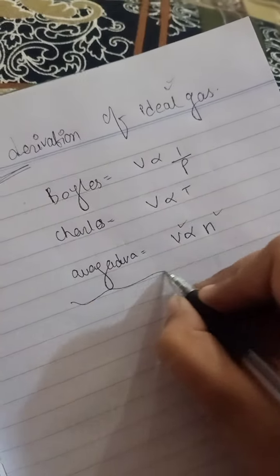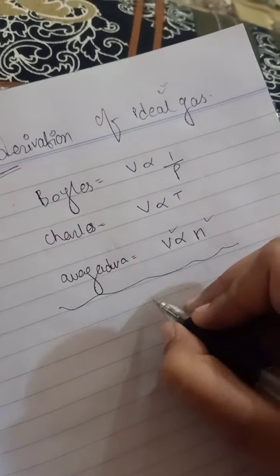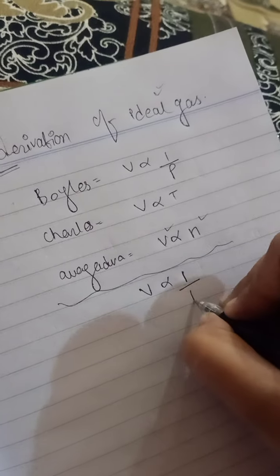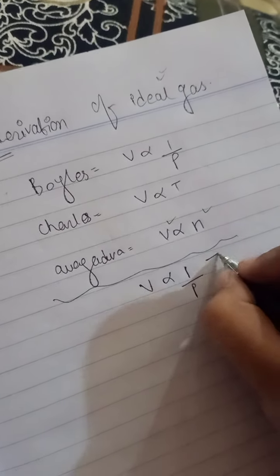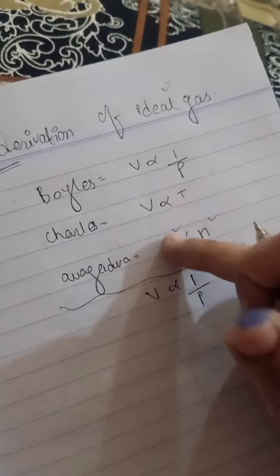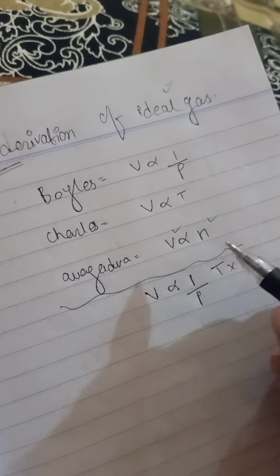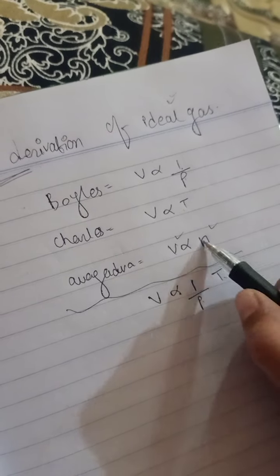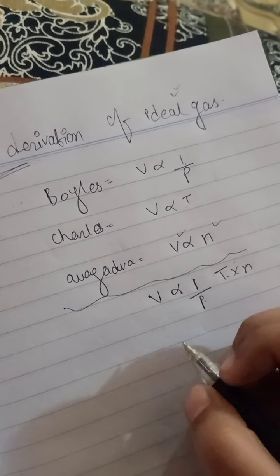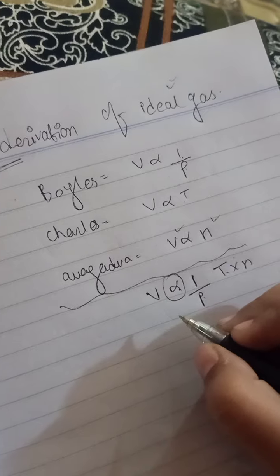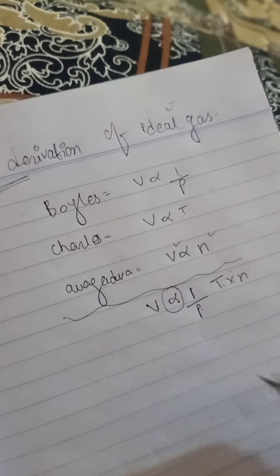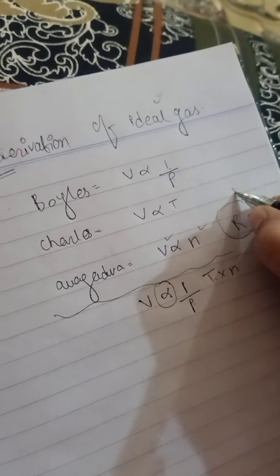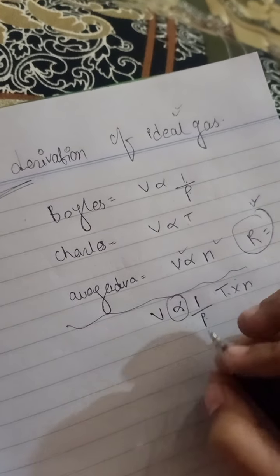After combining all of these, we get V is directly proportional to T multiplied by n, and inversely proportional to the pressure: V is proportional to 1 upon P, T multiplied by n. After removing the proportionality, we have a constant, the ideal gas constant R. R is the gas constant.